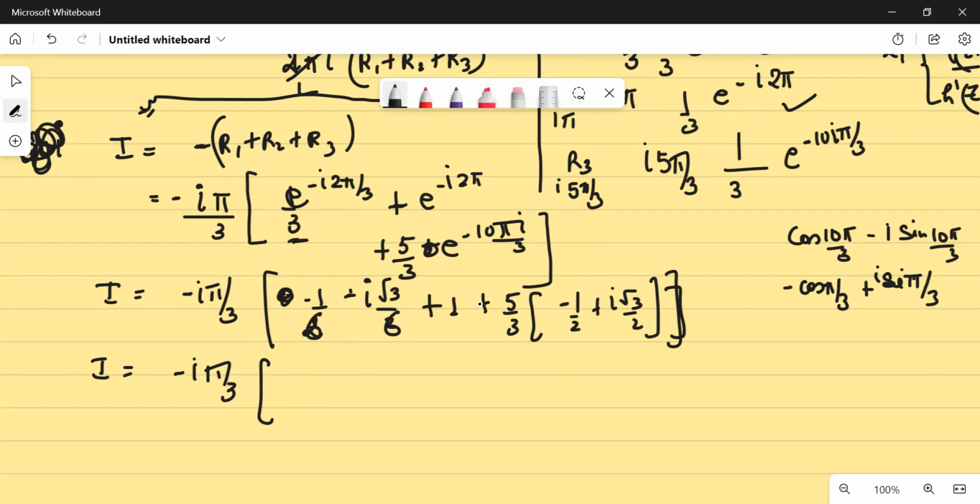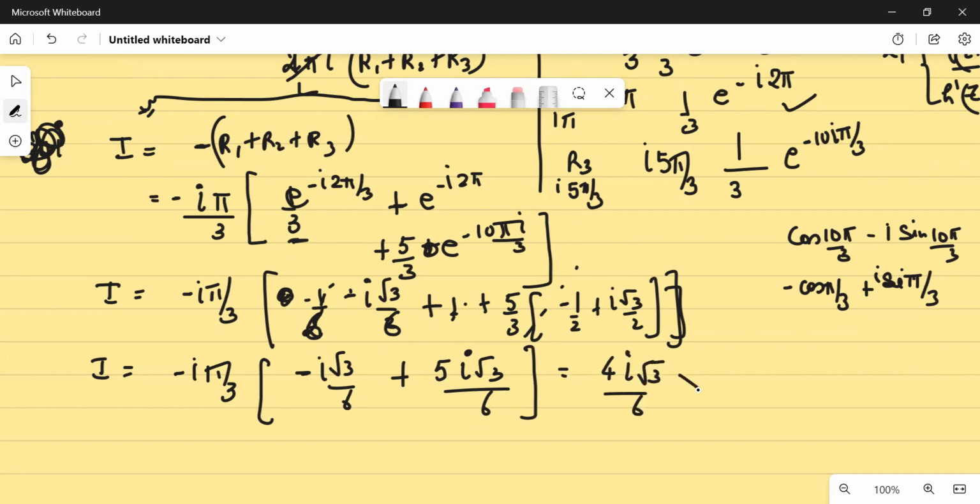So minus 1 over 6, and then 1 is 5 pi by 6, and this 5 pi by 6 gets cancelled. So I'm not interested in this. Now I'm left with minus iota root 3 upon 6 plus 5 iota root 3 over 6. Okay, so after all, this is like 4 iota root 3 over 6 into iota pi upon 3.